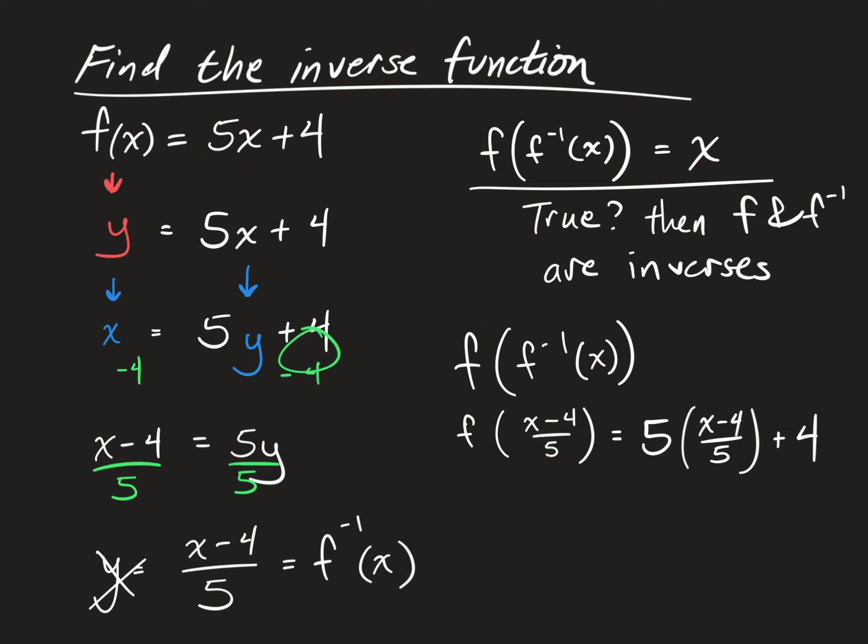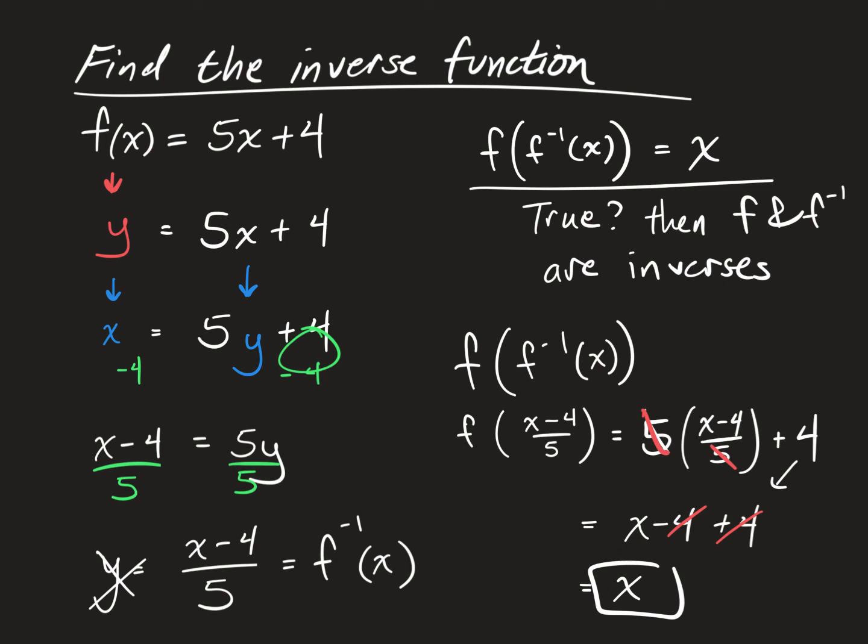From there, you can see that the 5's reduce away pretty nicely here. 5 divided by 5 is 1, leaving you with an x minus 4. But then this plus 4 comes along for the ride, and you can see that the 4's reduce, leaving you with just x. Now, when you check normally, you're supposed to check both compositions.